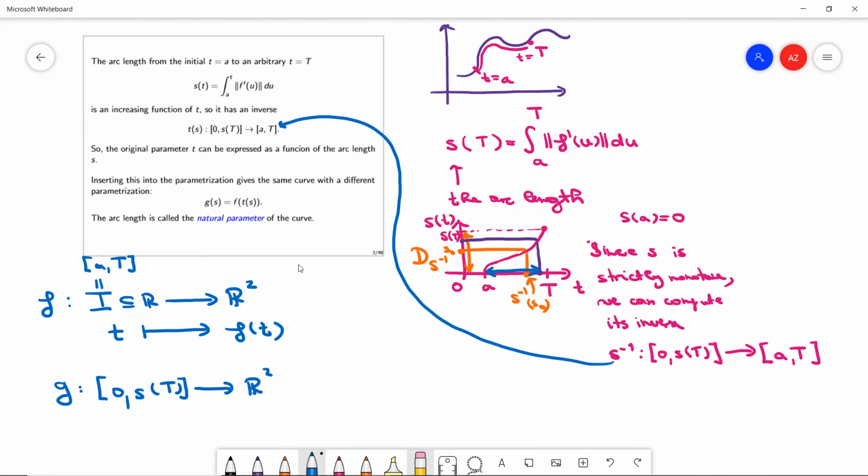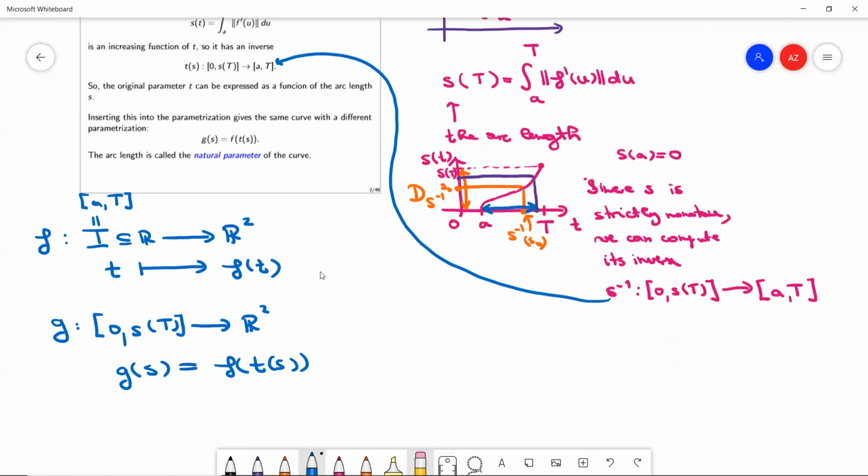The initial interval was a to capital T. And the rule is g of s is f of t of s. So g is just a composite f composed with t, where we have to understand this t as the inverse of the arc-length function s.